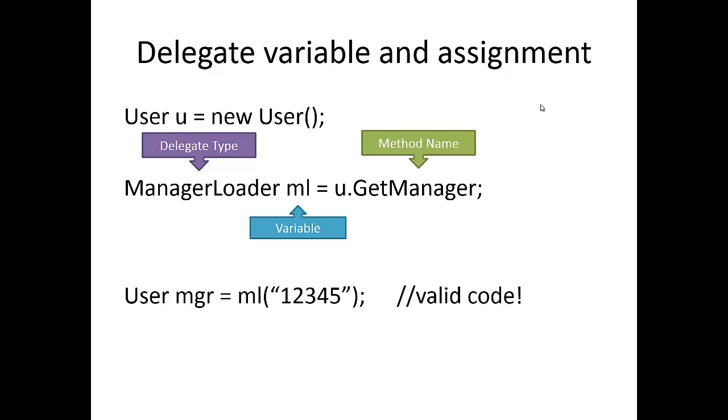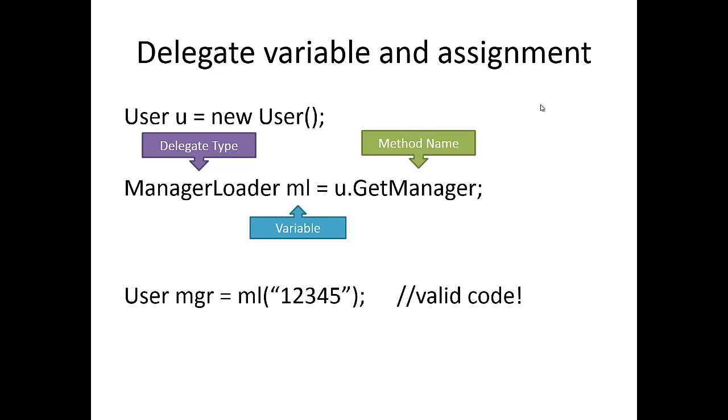And then what we're able to do, in the third line of code, is say User mgr, so we create a new variable called mgr, and then instead of calling u.GetManager as we would traditionally have done, we can say ML and pass in the string for the manager ID, 12345. That is perfectly valid code utilizing that delegate. So we are taking the GetManager function that is hanging off of the user object and storing it inside of the ML variable.